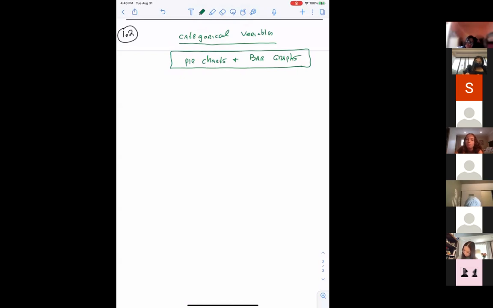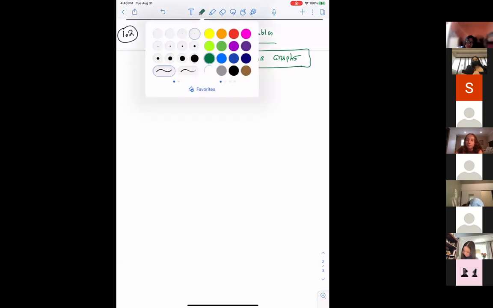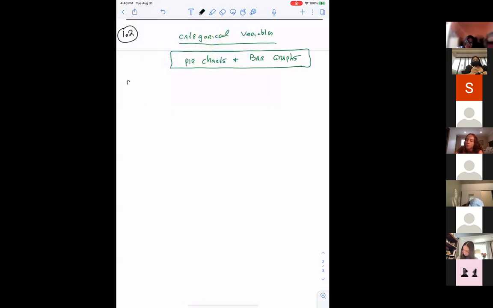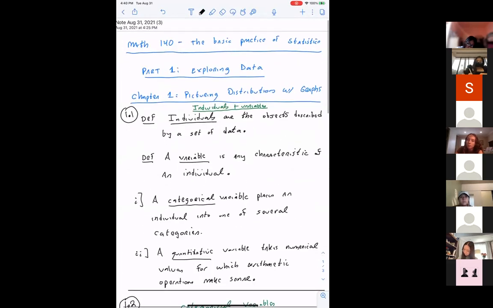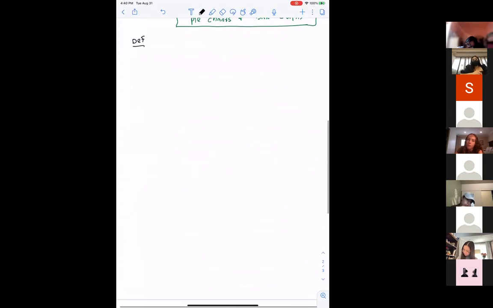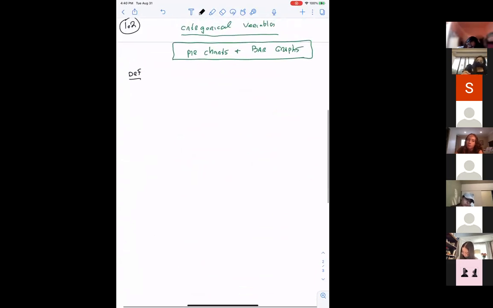But before we can show them, we have a very important definition. And this was kind of alluded to here when the chapter's name was picturing distributions with graphs, but we've never really explained what exactly a distribution is.